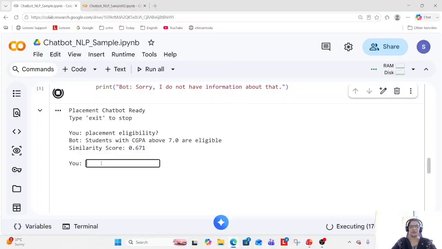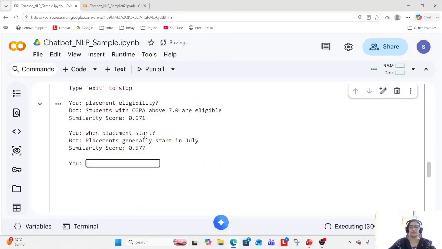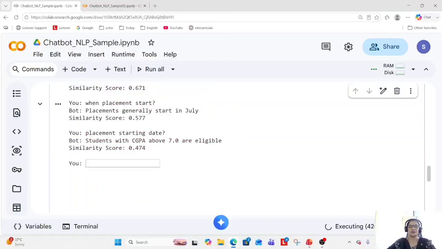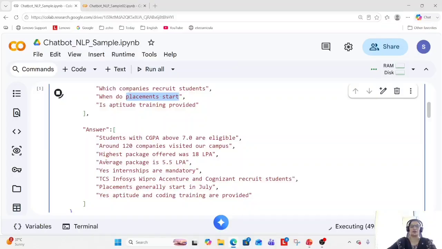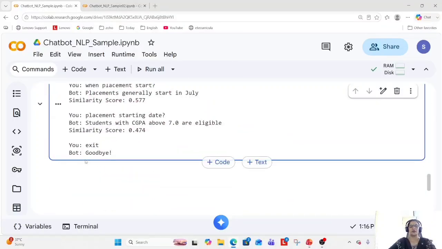Next I will type the next question, when placement start. So placement generally start in July. If I ask the question, placement starting date, now it gives us a wrong answer because the stemming process is not done here. So I exit from this program. Okay. Now it says goodbye.